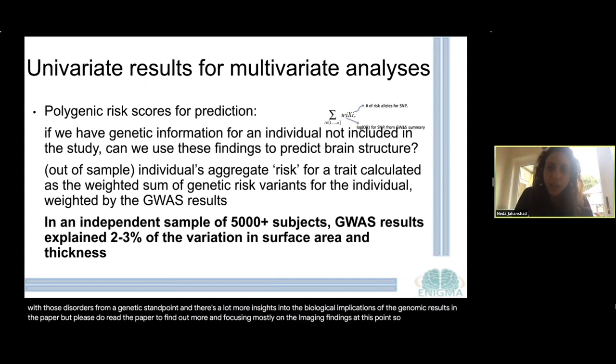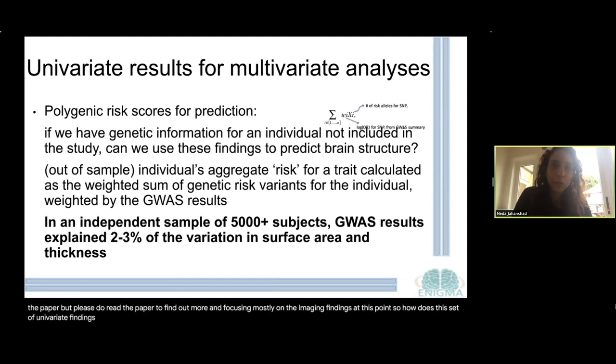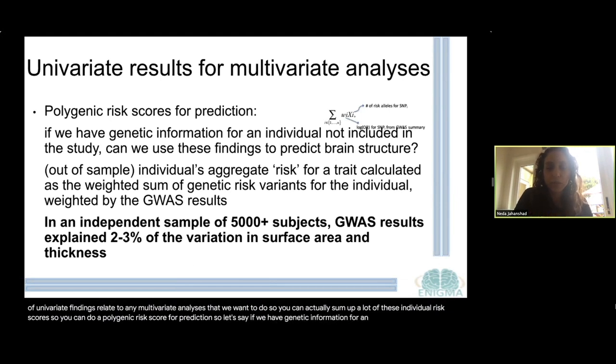So how does this set of univariate findings relate to any multivariate analyses that we want to do? You could sum up a lot of these individual risk scores, so you can do a polygenic risk score for prediction. Let's say we have genetic information for an individual that was not included in the original study.